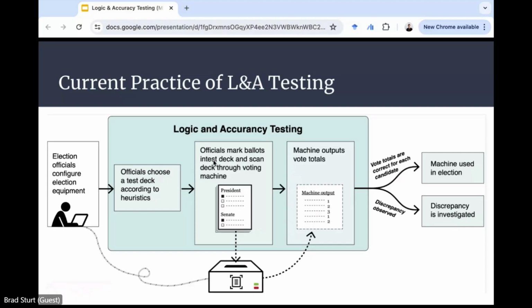They then fill them out and feed the ballots, that stack they call the test stack, into the machine. The machine outputs the vote totals. If those vote totals are correct, the machine gets used in the election. If they're incorrect, first they check whether people filled out the test stack correctly. And then if it still is incorrect, the machine gets investigated.